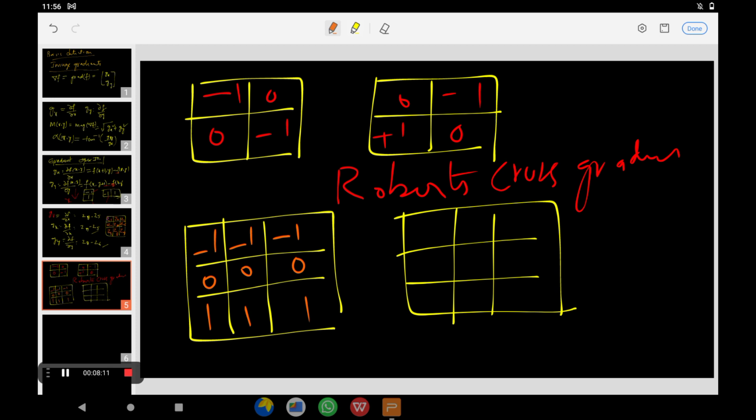This is for detecting the horizontal direction, and this is for detecting the vertical direction. That means the central values are obviously different from the neighboring values. These are generally called Prewitt operators, also used for edge detection.